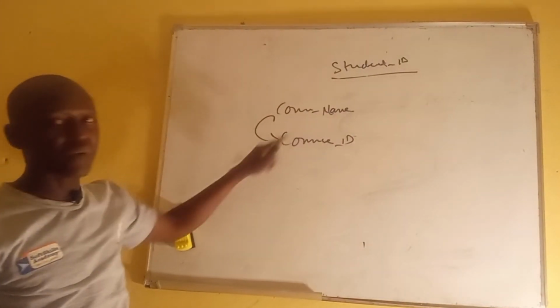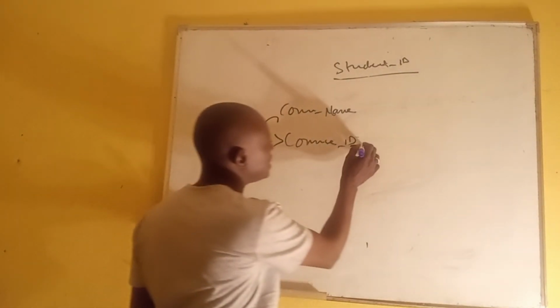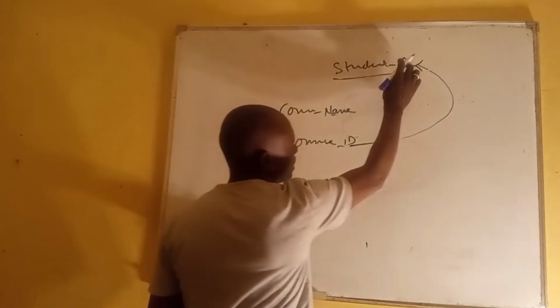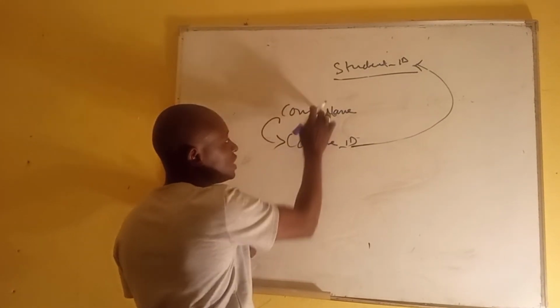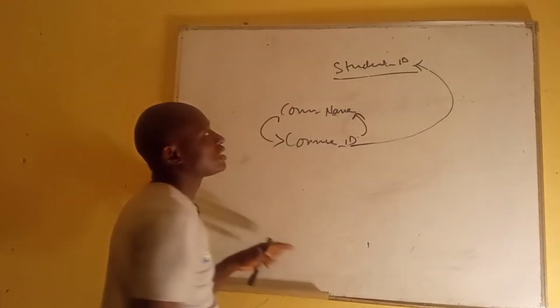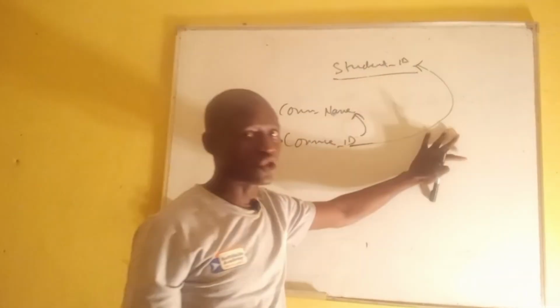If this course name depends on course ID, which in turn should only depend on student ID instead of depending on this, it means this violated the third normalization form.